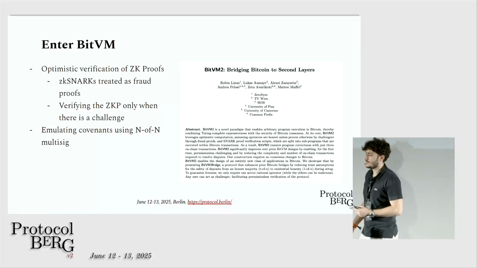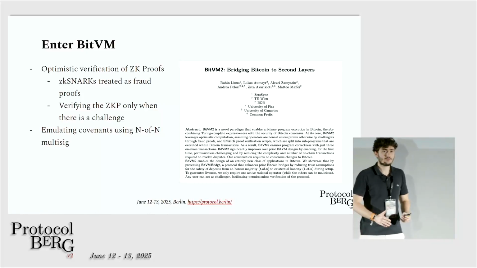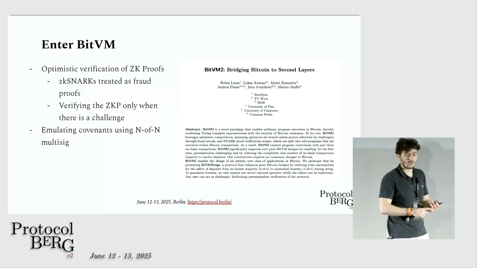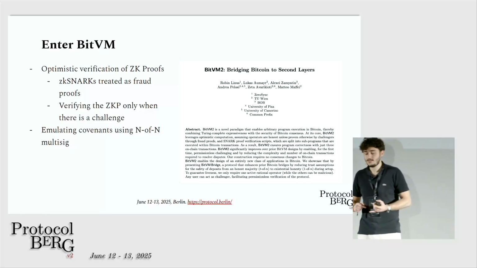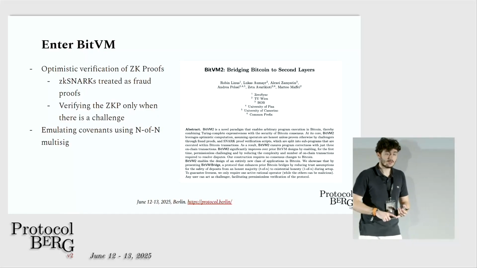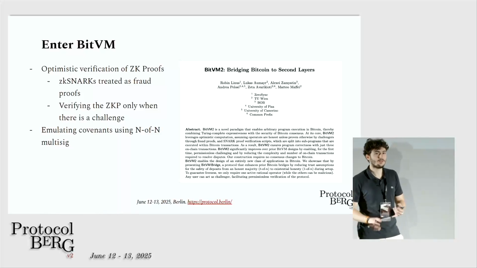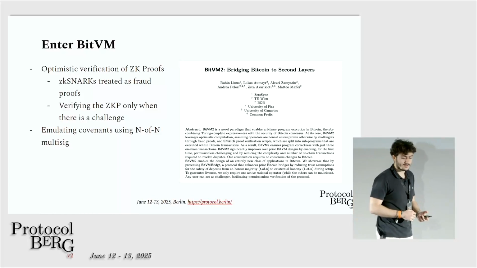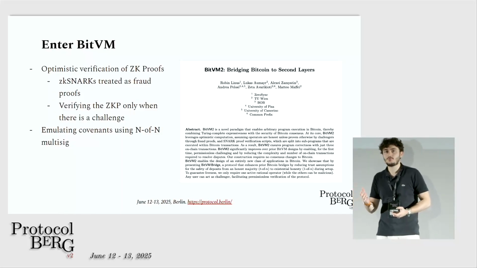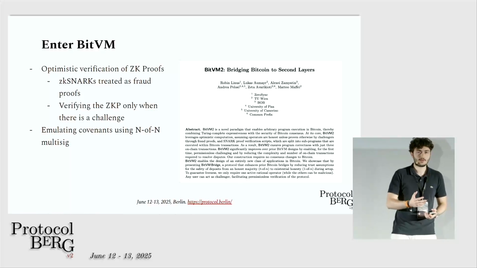It uses pre-signing of a predetermined transaction graph among n parties to create the notion of covenants, and it has a native way to verify Groth16 proofs, but BitVM uses that only in the pessimistic case because it's still very expensive, right? Because remember, your Groth16 verifier took 800 megabytes, right?